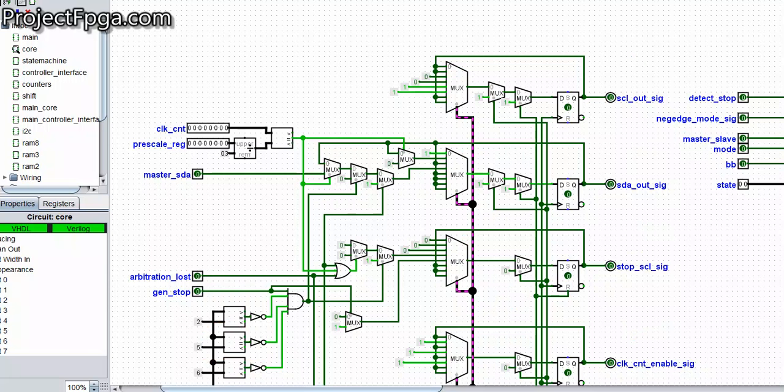So let's talk about these signals and what they are. Remember I told you that the SDA and the SCL are just two signal lines using I2C. But the internal circuitry has SCL in, SCL out, SDA in, SDA out, because they are bidirectional. And they're actually open drain.